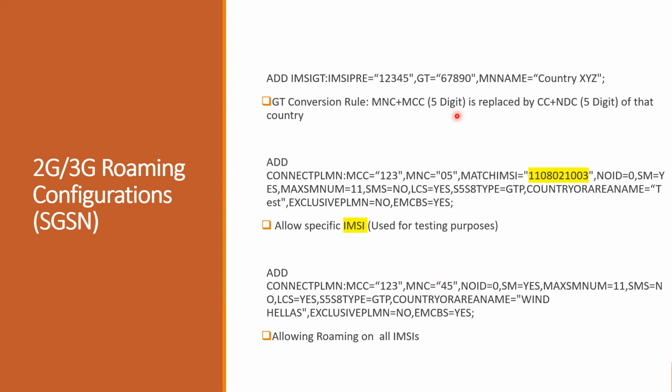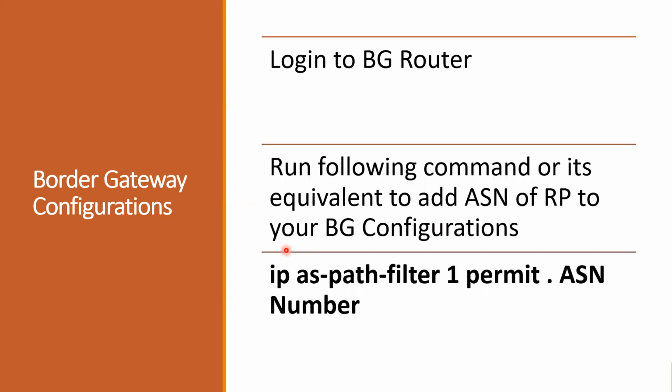So any user belonging to this country XYZ, if that user comes to your network and you have these two commands configured, his 2G, 3G roaming is going to be allowed, and his attach request is going to be successfully processed by the SDSN, and it is going to send that attach request to the STP to be routed to his home HLR for authentication.